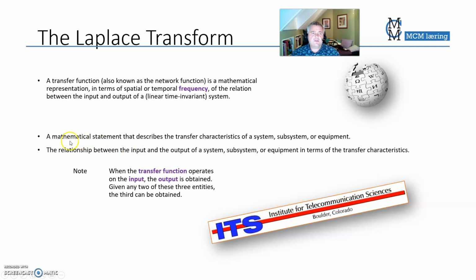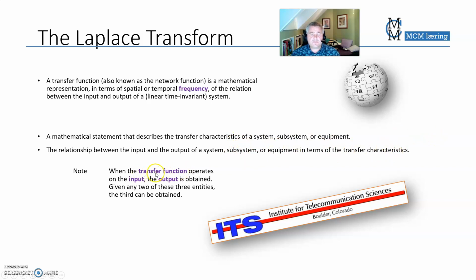Another source says that it's a mathematical statement that describes the transfer characteristics of a system, okay, because you transfer the input to the output, or a subsystem or some equipment. It's a relationship between the input and the output, that's a transfer function, of a system or a subsystem.